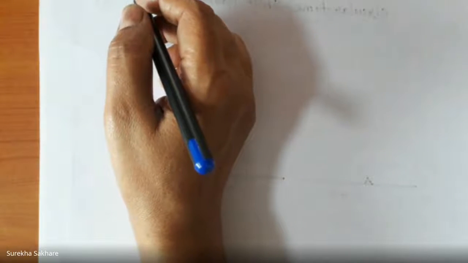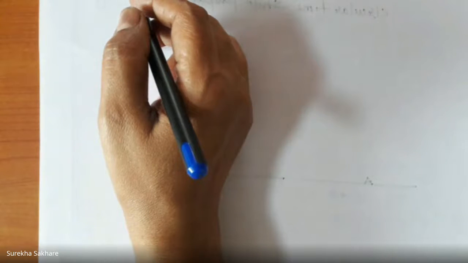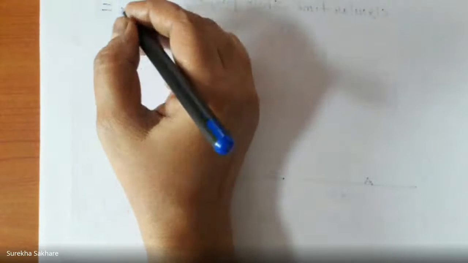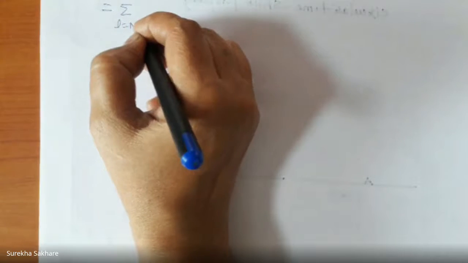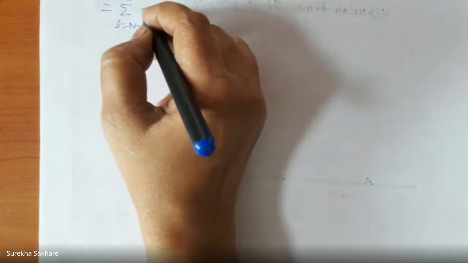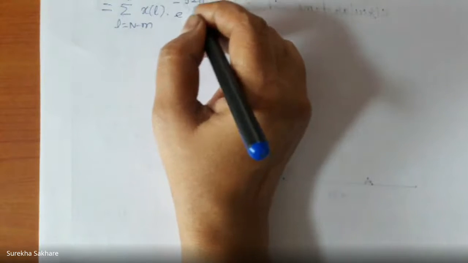Now the equation will be changed as summation L is equal to N minus m to N minus 1, x of L, e raised to minus j 2 pi by N k.